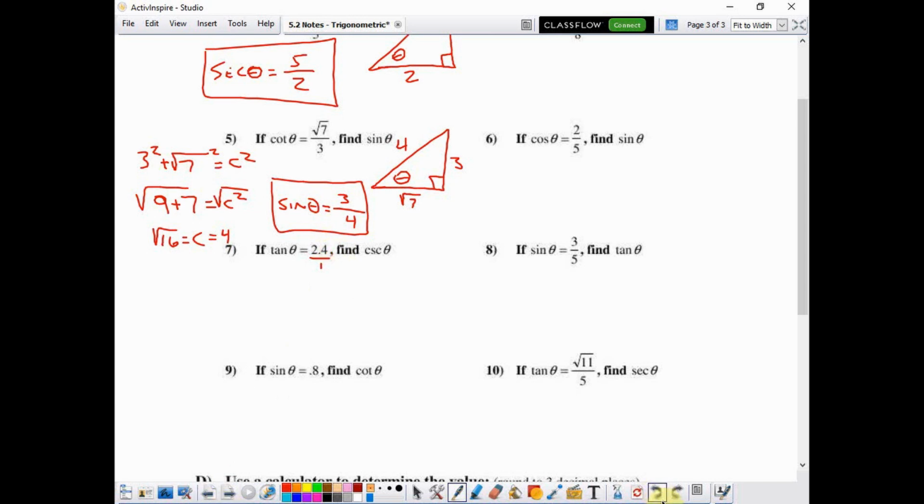So I'm going to multiply the numerator and denominator by 10. So 2.4 over 1 times 10 in the numerator and 10 in the denominator is 24 over 10. And that can be further simplified because both are divisible by 2, so I'm going to end up with 12/5 as my simplified version of 2.4 over 1.